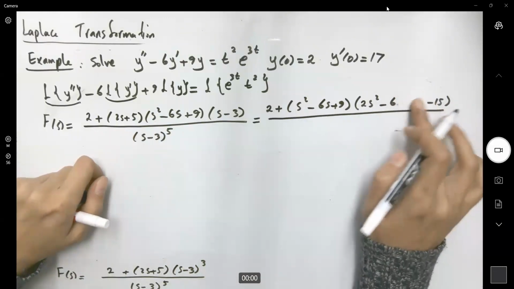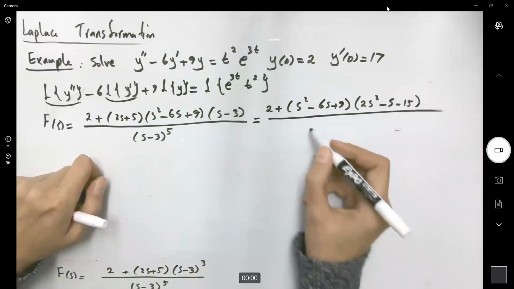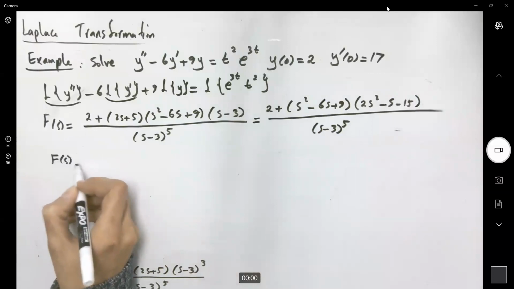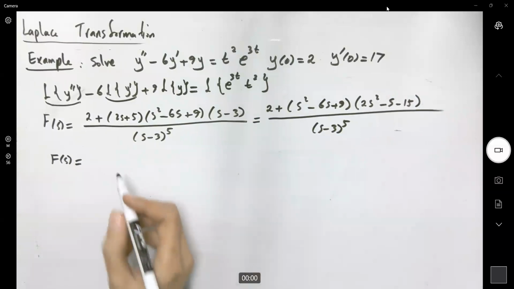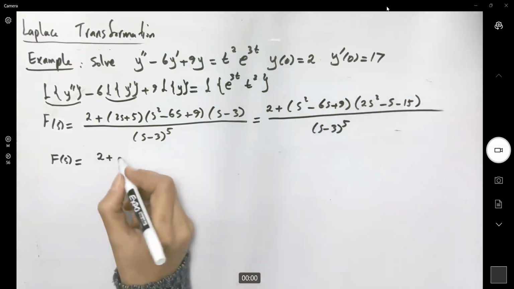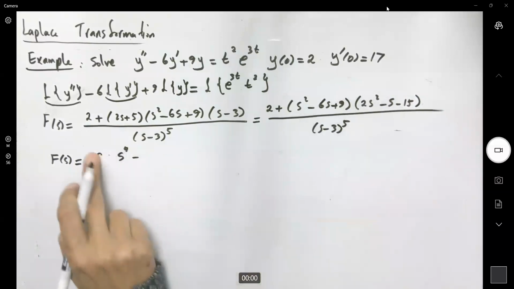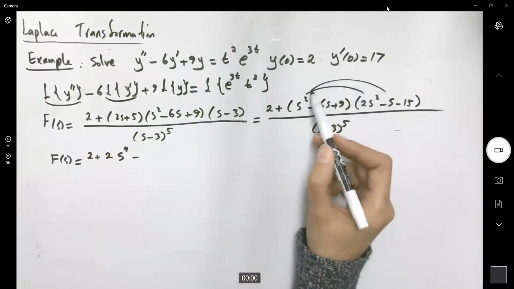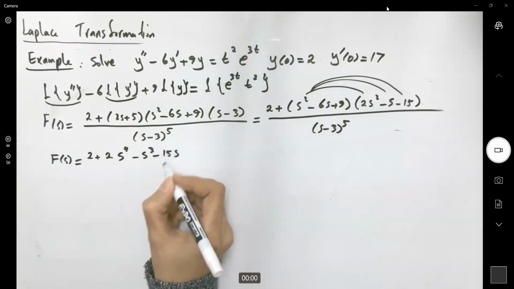So F(s) becomes, it's a very long fraction, 2 plus, if you multiply these term by term, you get 2s to the 4th minus s to the 3rd minus 15s.